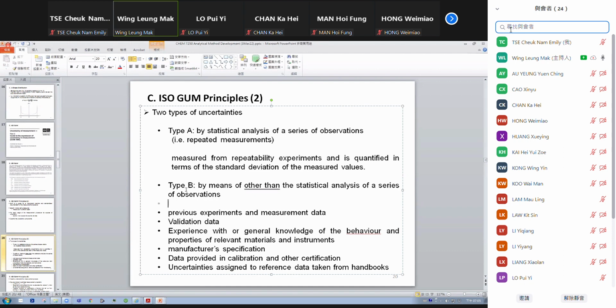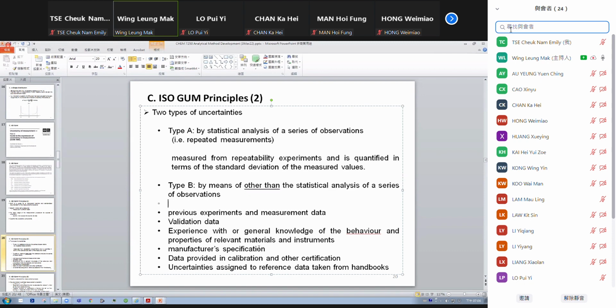For the data, normally you refer to the manufacturer's specification, for example, the volumetric flask or the purity of the chemical standard. You need to reference the manufacturer's information on how it is distributed, whether rectangular, triangular or normal distribution.